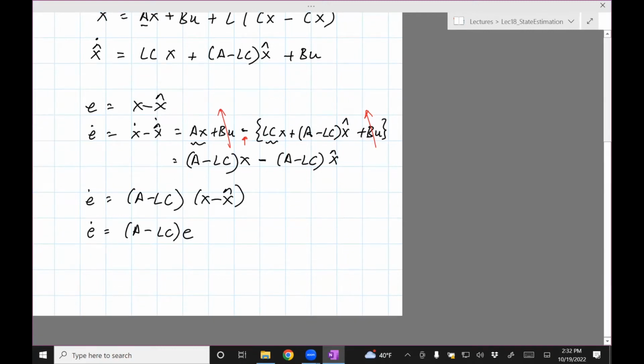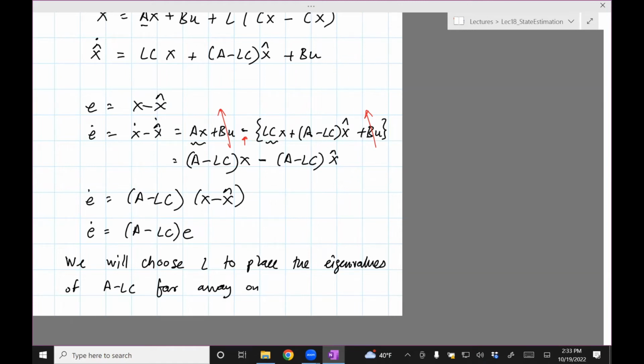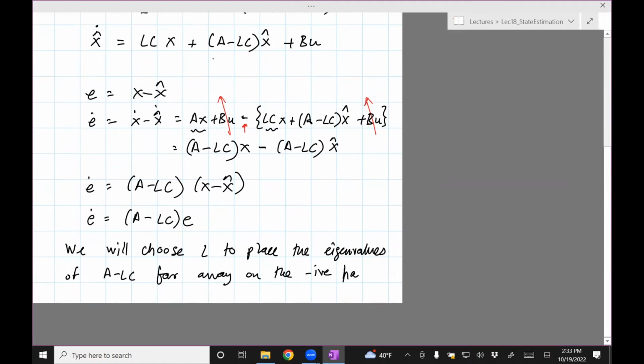So we will choose L to place the eigenvalues of A minus L C far away in the negative half plane, which means that I'm going to make the system stable by choosing L.